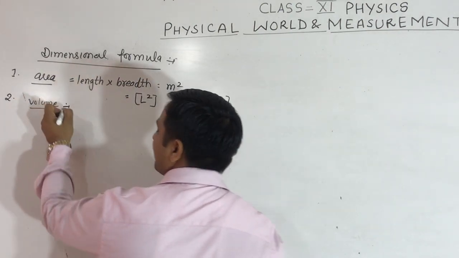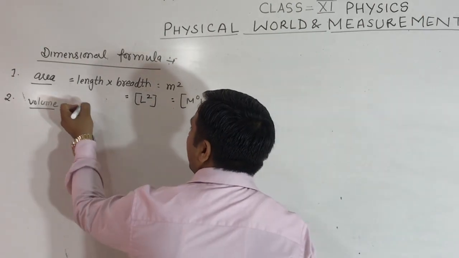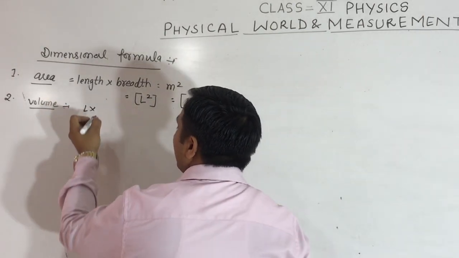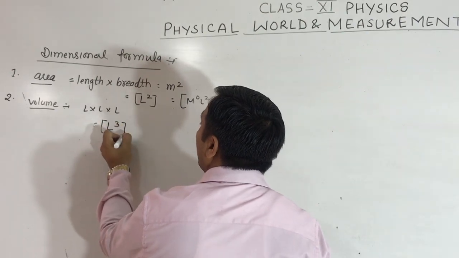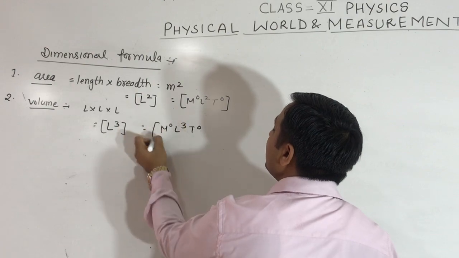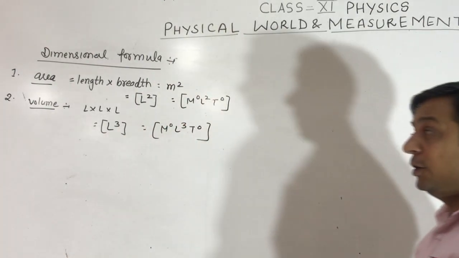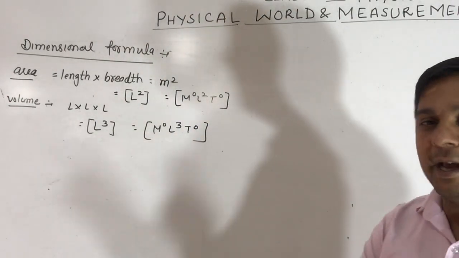Dear students, volume, 2D or 3D? 3D means length into length into length means L cube, or you can say M0 L3 T0. This is the dimensional formula of volume. Always remember, area L square, volume L cube.